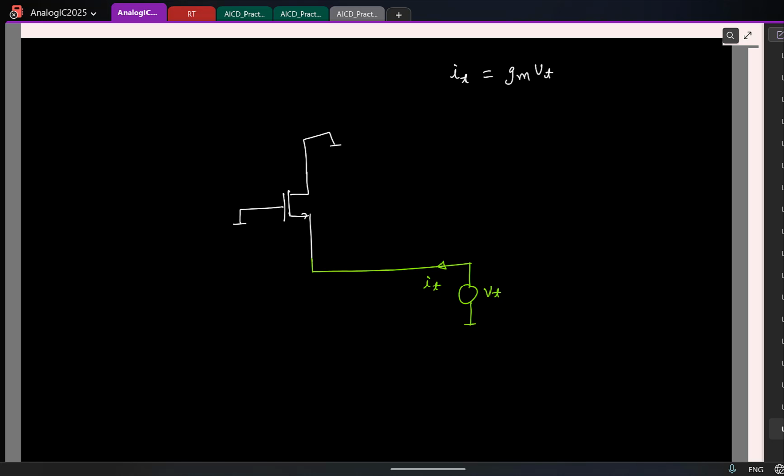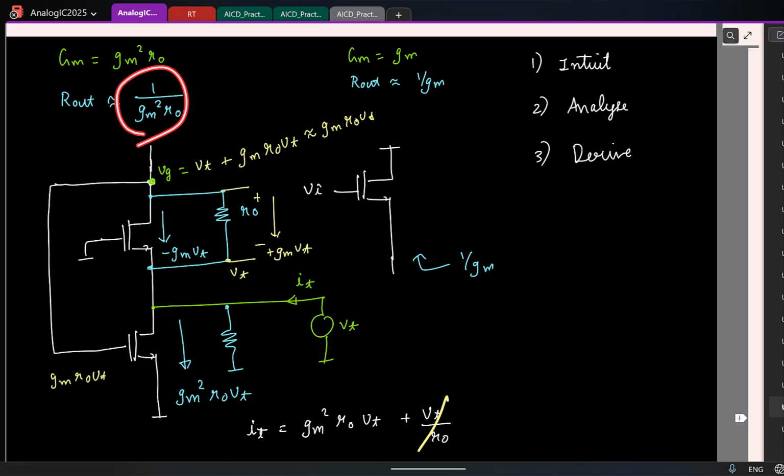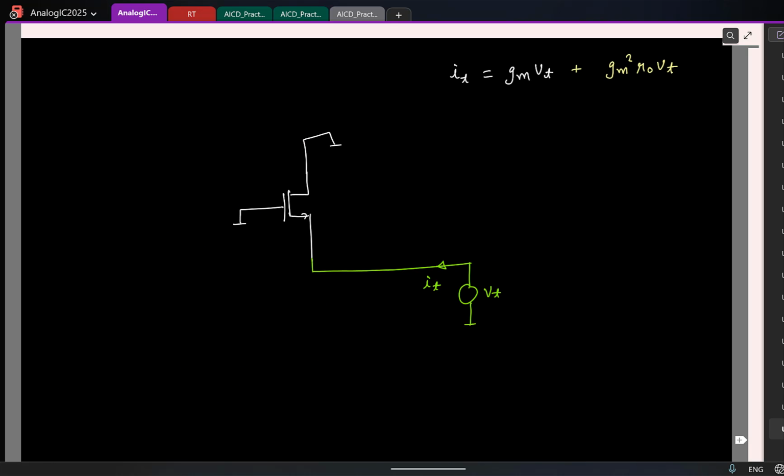Let us say I also want to add a larger current along with this. And we already know the output resistance is of the order of Gm square R0. So I will try to add a current of that same value. If I can add a current of this value, my output resistance will be 1 by Gm square R0, correct? And that's the output resistance you had here. So Itest will have an additional component of this value.